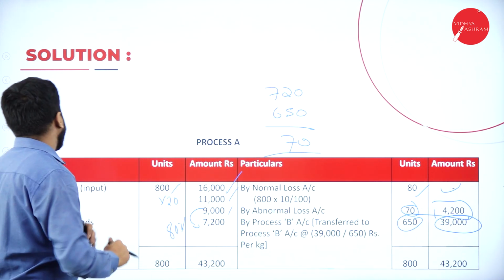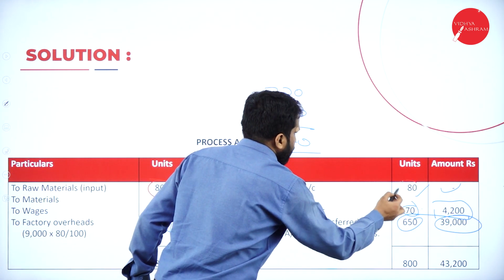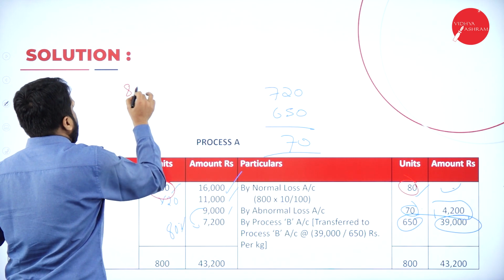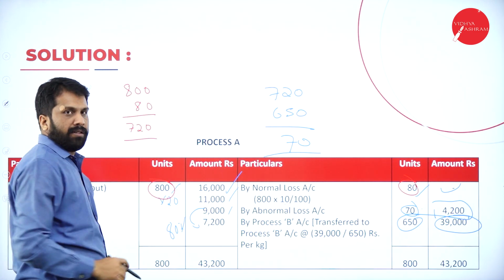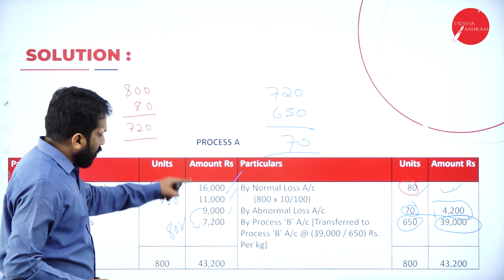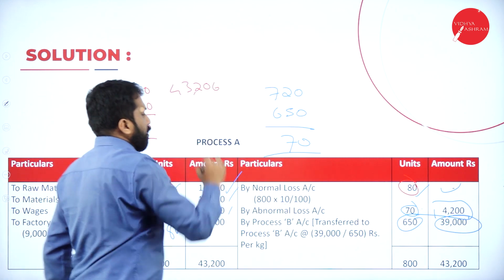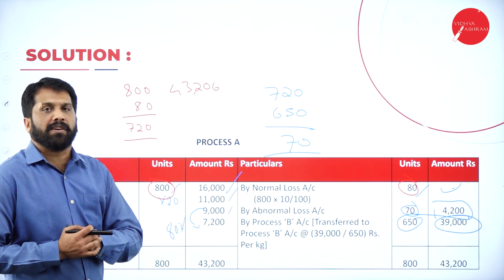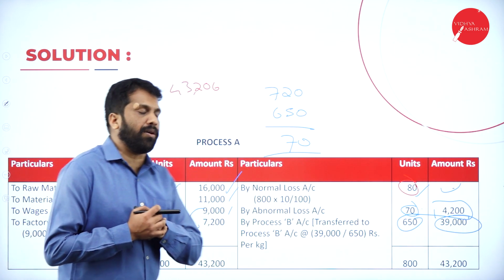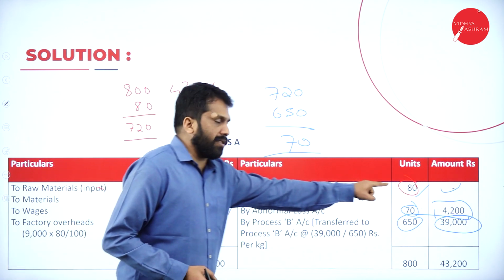Simple, I'll tell you. Take this 800 minus 80. How much? 720. Similarly, the total is 43,200. Now 70 is the abnormal loss, but we don't know the amount. How to find out? Now, your units minus normal loss.